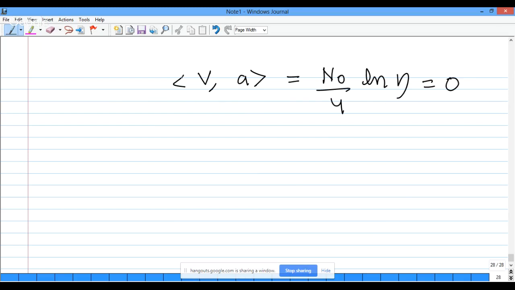So the inner product of the received value with the transmitted signal should be 0, and by solving this equation you can derive the set of points V, which will help you in deriving the decision region for the signals. And we have seen this is the equation for a perpendicular bisector between the signals minus A and plus A.